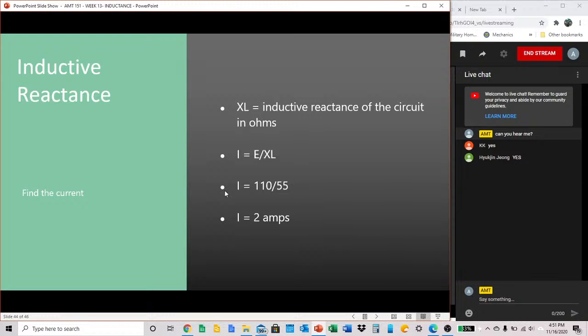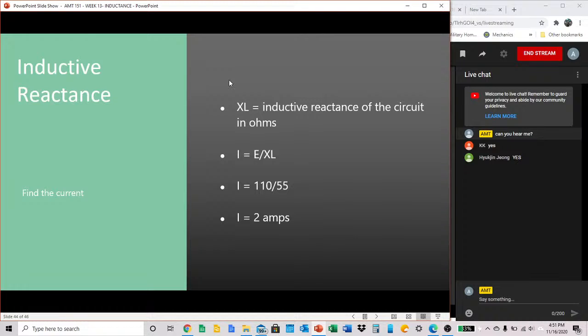So if we want to find the current of that same circuit that we just found the reactance in, we would plug that into our formula. This is like our Ohm's law formula for AC circuits where we're using inductive reactance. XL is our inductive reactance of the circuit in ohms.